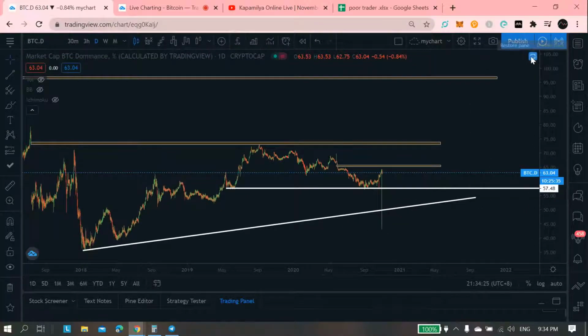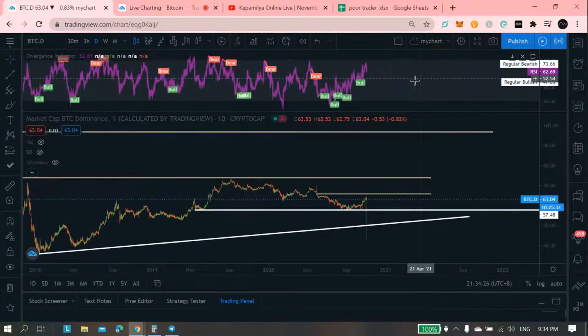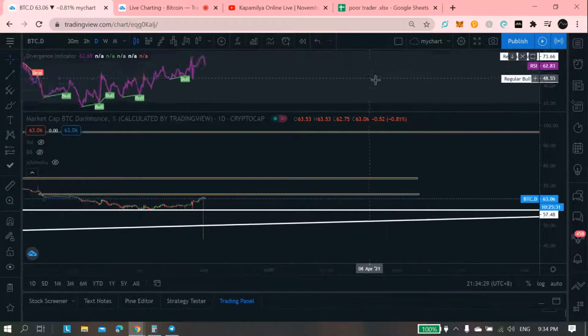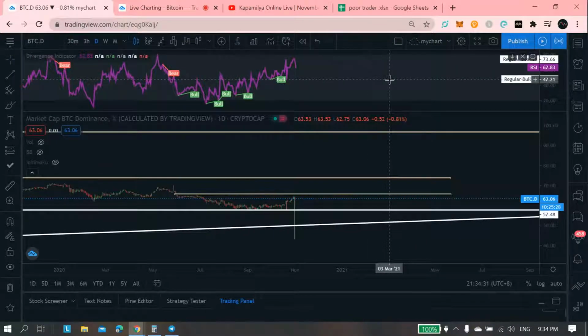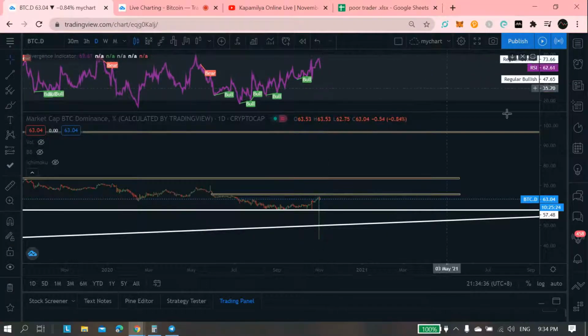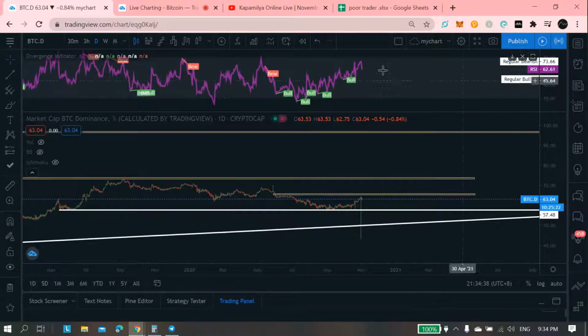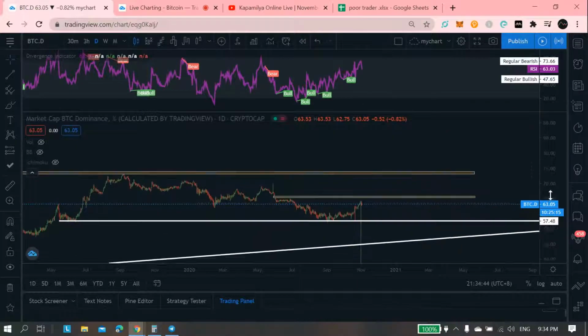Let's look at the divergence indicator. Let's add this up. But currently it's trending lower because it almost reached around the 70 plus area, the 74 area.